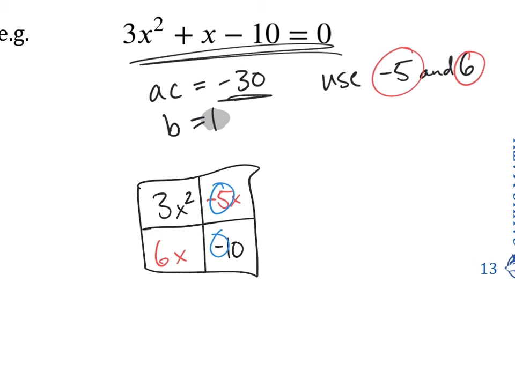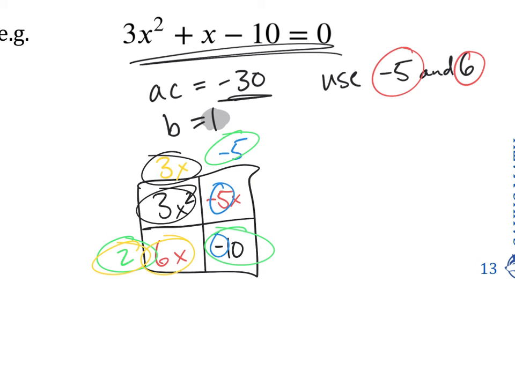It's going to be my negative 5, because negative 5 goes into both of them, and they're both negative, so that tells me something. If this is negative 5, this is negative 10, this is going to be positive 2. This is 2, this is 6x, this has to be 3x. And this is 3x, this is 3x squared, this is just got to be x.